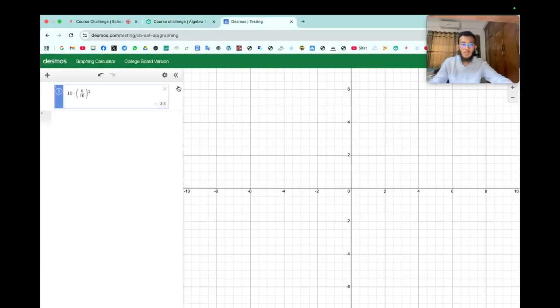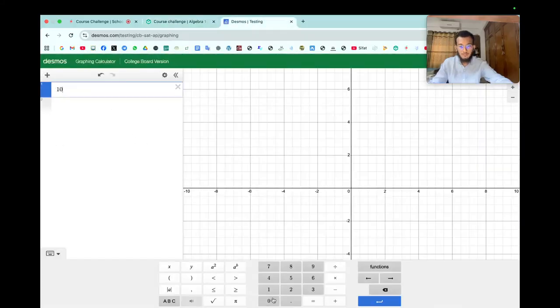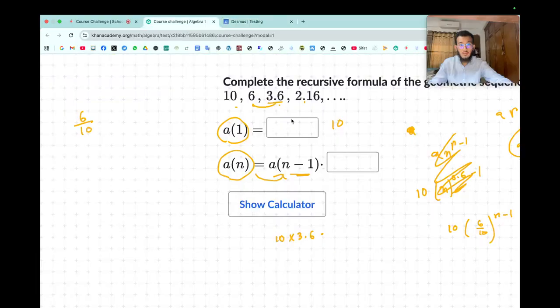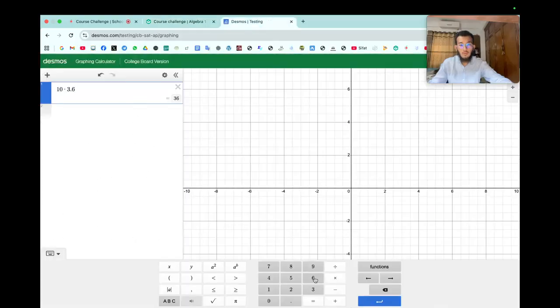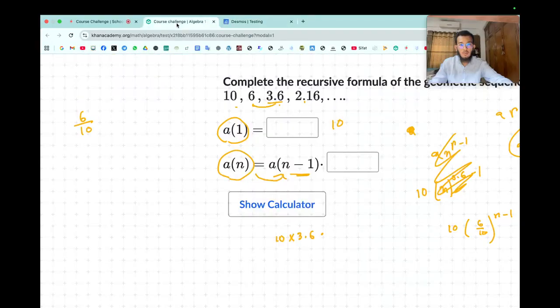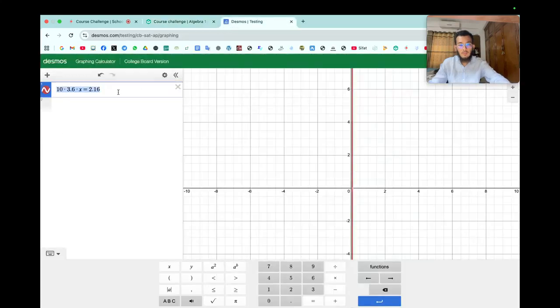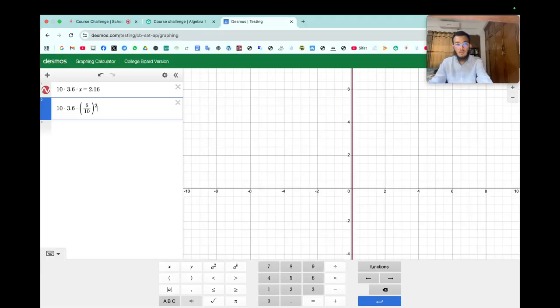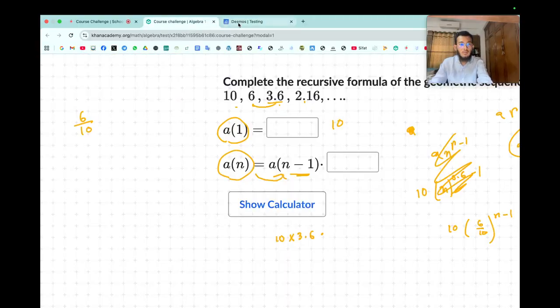So we have 10 times 3.6, which is 36, but we want 2.16, so times x equals 2.16 is 0.6, which means the common ratio, which is 6 by 10, that thing is squared in order to get 6 by 10.